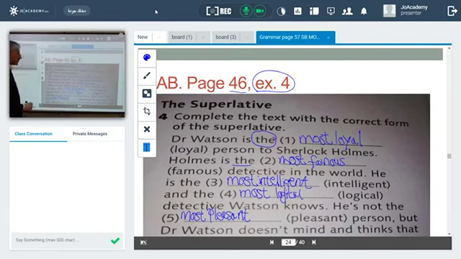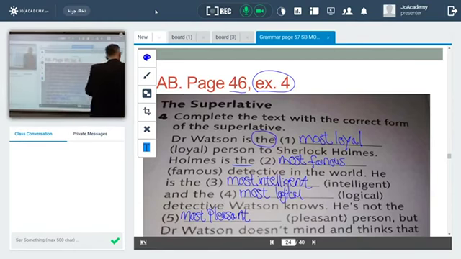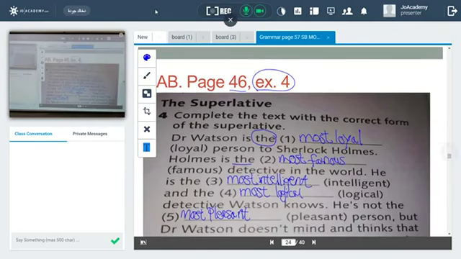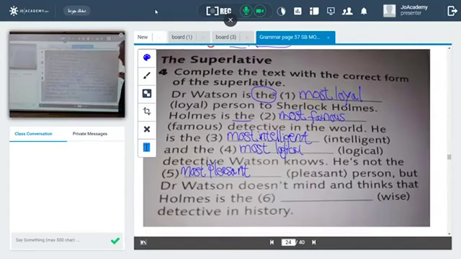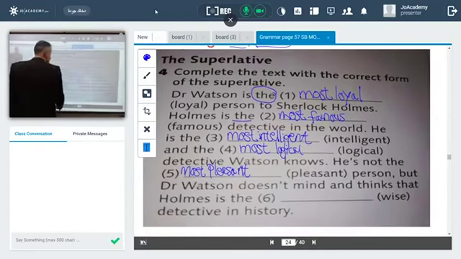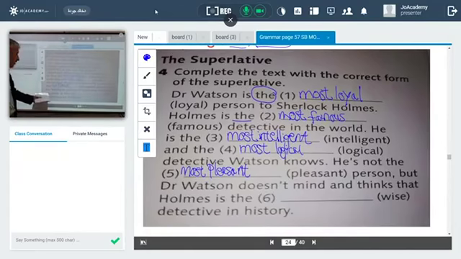He is not the most pleasant person, but Dr. Watson doesn't mind and thinks that Holmes is the what we use? The wise detective in history, the wisest.